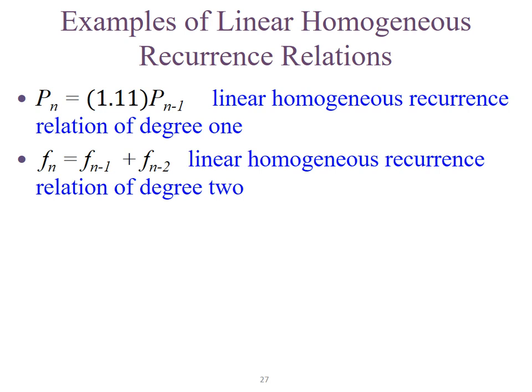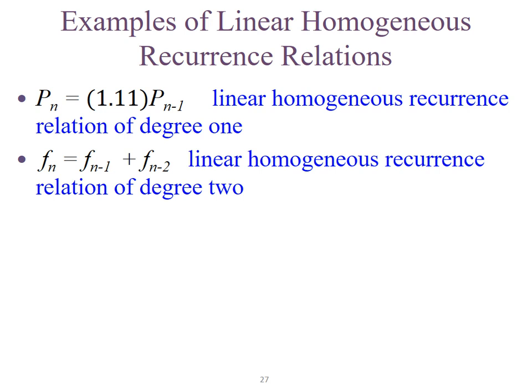So that is linear. We don't have other terms other than previous terms. So it is homogeneous. And we have the coefficient 1.11, so it is a constant coefficient. We only use one previous term, so this is a recurrence relation of degree 1.